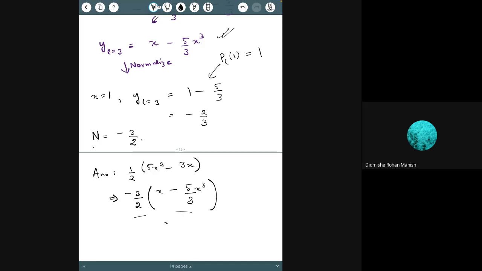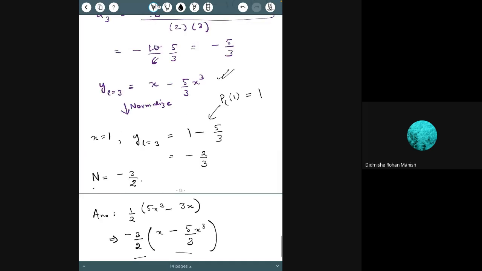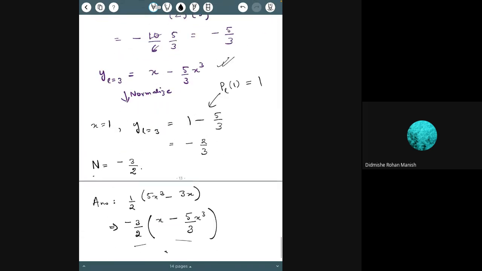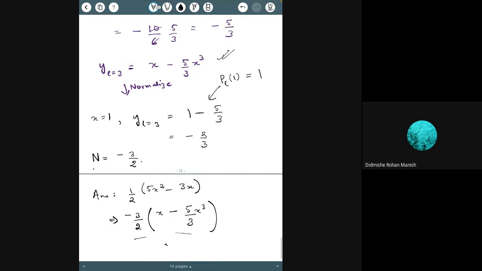But the general formula for normalization, that is somehow a little bit inconsistent. The 2 by 2n plus 1. I'll have a look. I think it has to do something with the corresponding form in which the Legendre equation was taken.